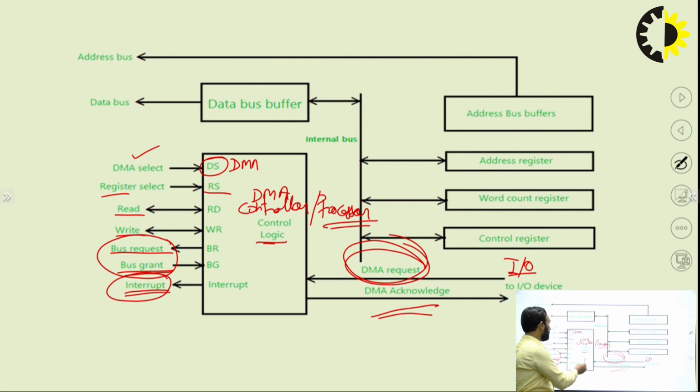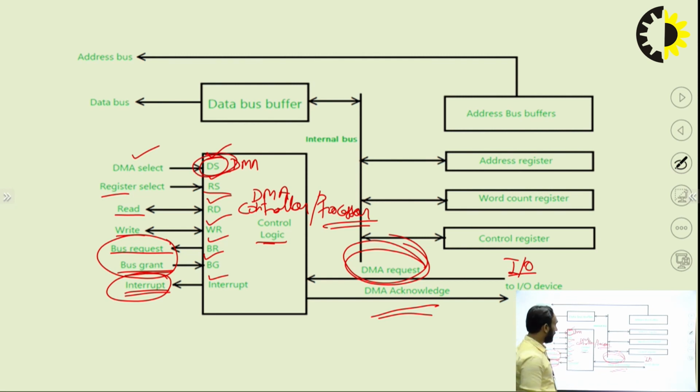Similarly, when this request goes to the control logic, which is specifically known as the DMA controller, the DMA controller takes this request and processes other instructions, or we can say control signals, as per the request of the IO devices. As it receives the DMA request, it will activate the DMA select.